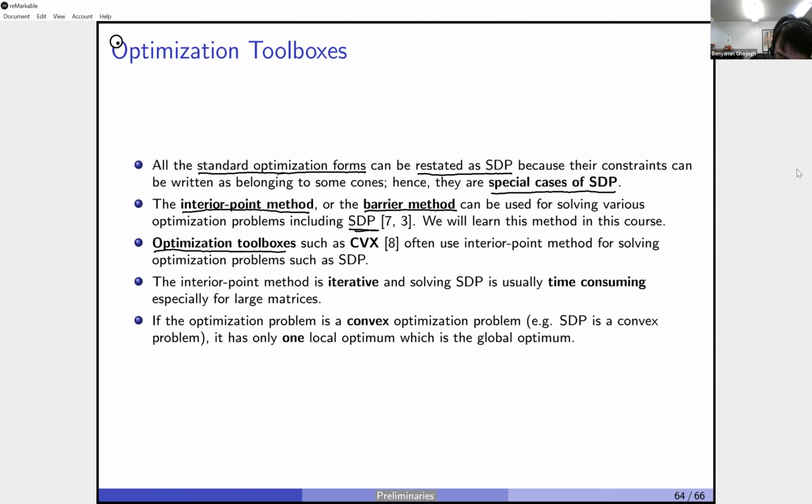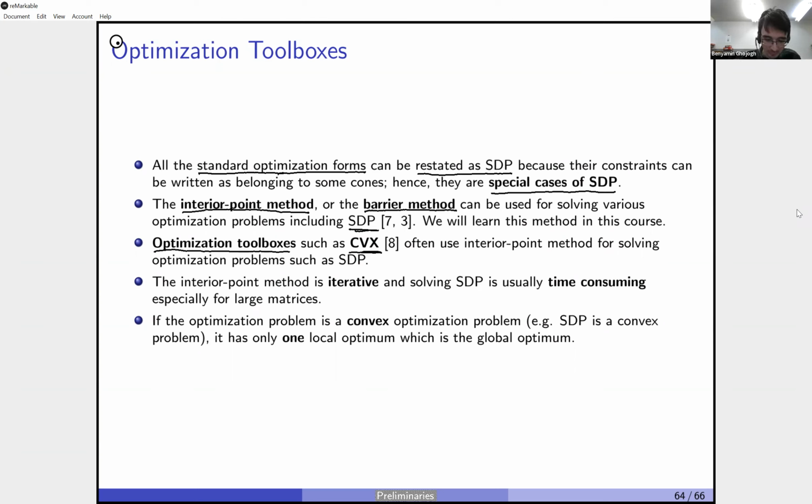Many optimization toolboxes, I don't know if you have heard of CVX or not. CVX is a very important and famous optimization toolbox. It initially came for MATLAB. Later, it came for Python too. It might exist in other languages too. CVX is developed by Stanford people, supervised by Professor Stephen Boyd.